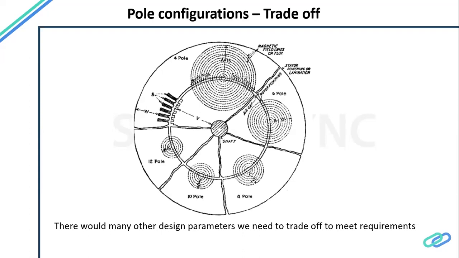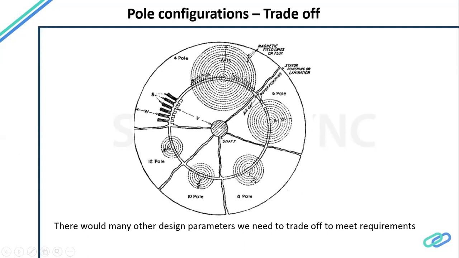So this is another area: 6 pole, 8 pole. There are a lot of debates on 10 pole versus 6 pole versus 8 pole. Mostly you will see a machine will be either 6 pole, 8 pole, or 10 pole, because they fall in a sweet spot, a golden mean area, where the switching frequencies and the size of the machine balance out.